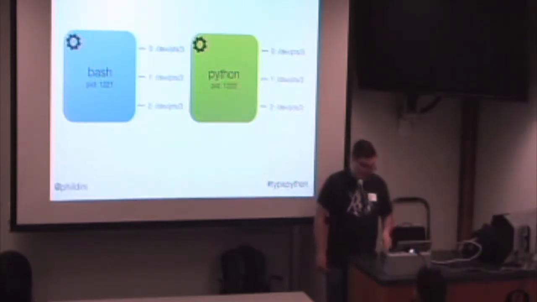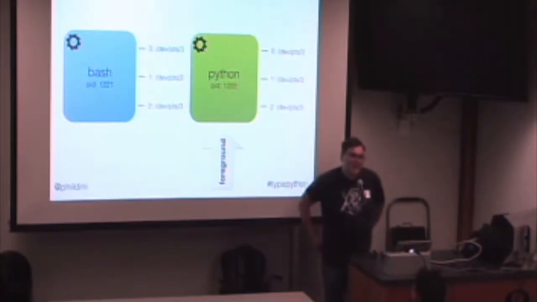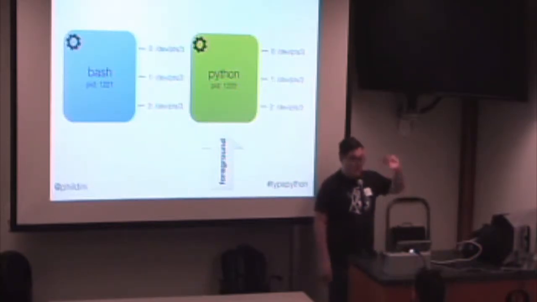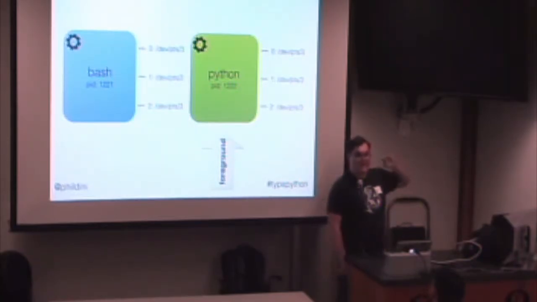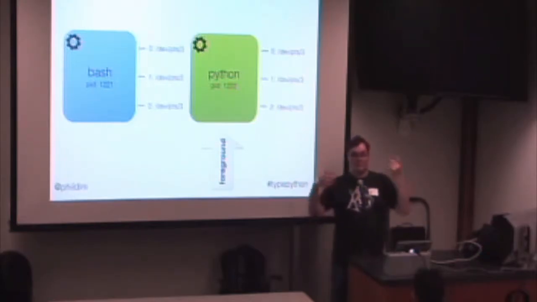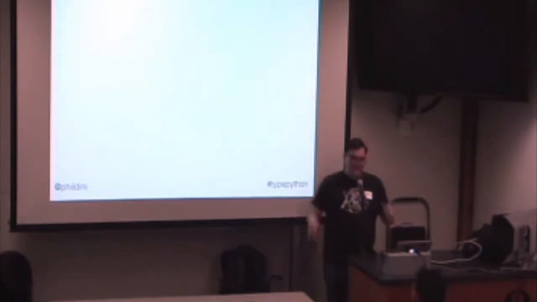And it turns out that there's some special logic that sets Python as the foreground process, and bash says, okay, Python is the foreground process. I'm going to choose not to listen to any input or output until Python exits. This is also something that happens a little bit in the termios layer, which I don't have a bunch of time to get into, but there are some excellent blog posts that I can link to at the end.